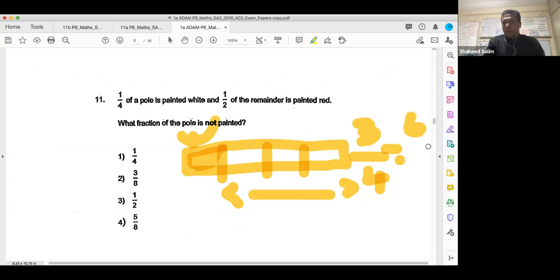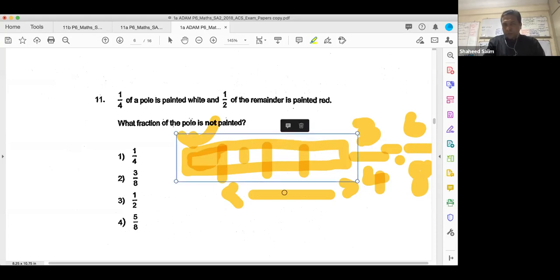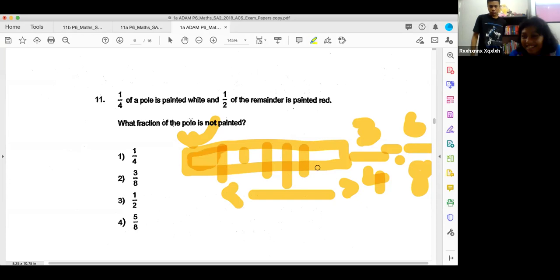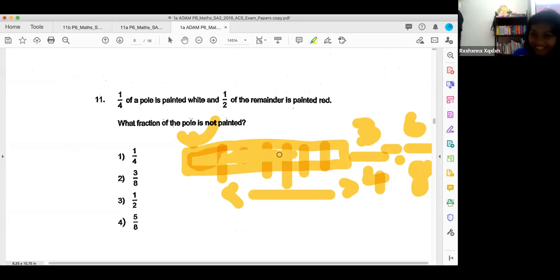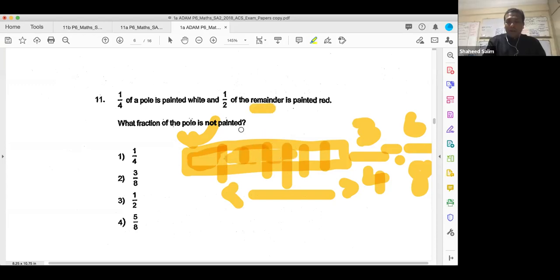So I'm going to divide this down into 6 parts. Down here I make 1 part, 6 parts, right? Can you see it? So half of it is painted. Half the remainder is painted red.